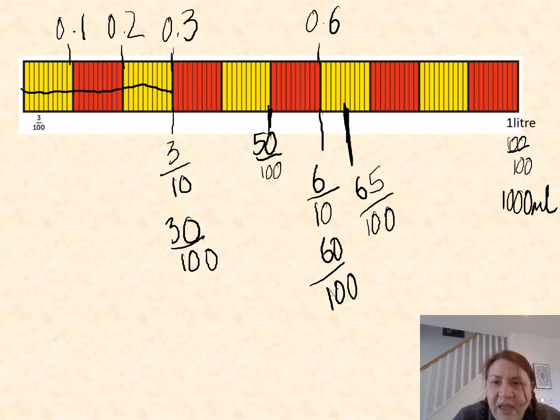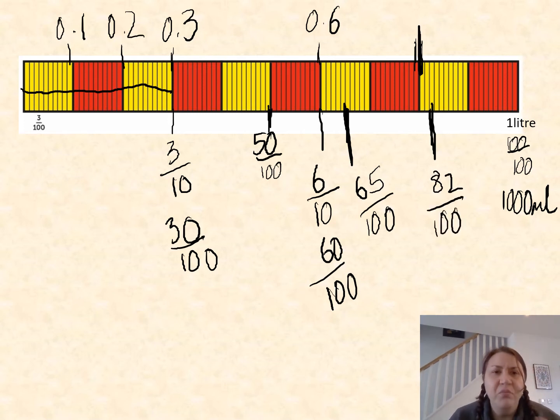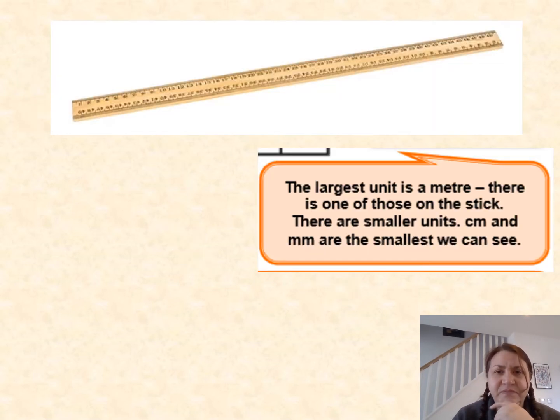Or we could go here and say we are, what's that? That would be 0.8 would be here. That's 0.8. So we could say we're 82, I think, out of 100. So we can make it more precise there. And we're going to be looking at how to work out how many millilitres that would be. But we're actually going to start with the length, so it would be millimetres for us today.